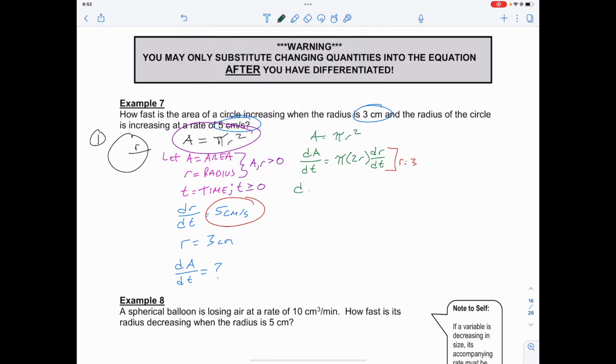So dA over dt is going to equal pi times 2 times r, which is 3, times dr over dt, which is 5. And that's going to give me 30 pi. And because this is area, this is in centimeters squared per second.